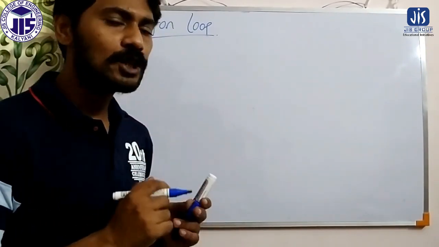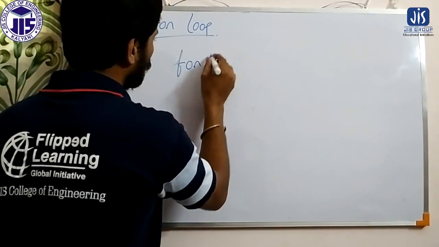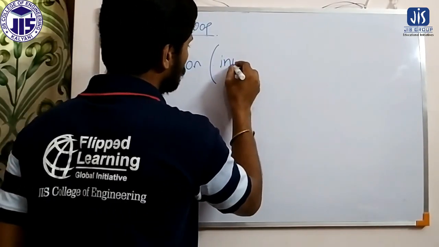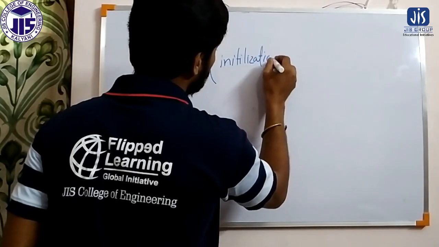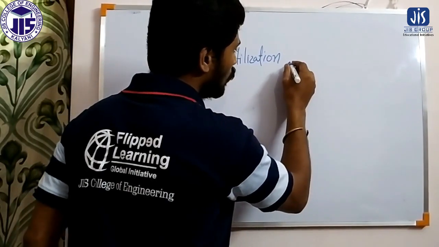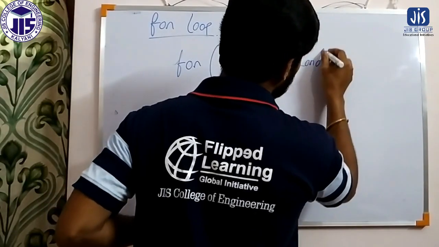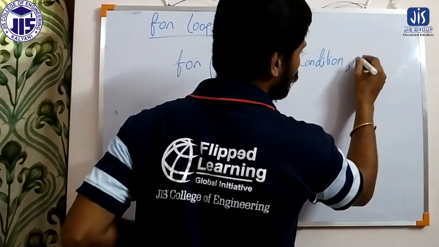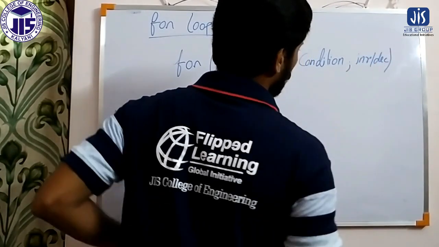So the general representation of for loop is like this. For, then we write the initialization, after that we provide a semicolon, then we write the condition, then another semicolon, then either increment or decrement operation.